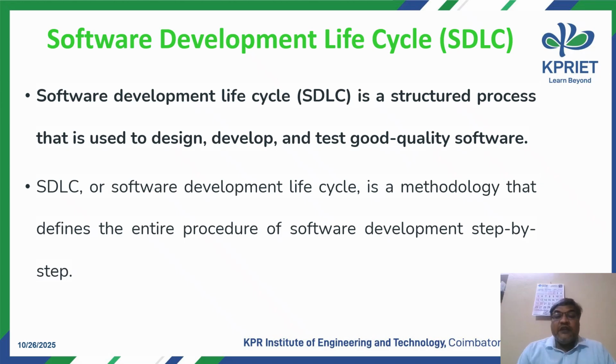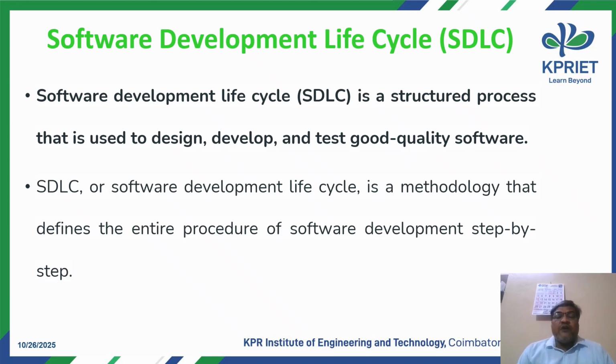Software life cycle, SDLC, we can say it is a process for designing, developing, and maintaining good quality software. It ensures the quality of this software by doing many types of testing. So SDLC is nothing but to design, develop, and test good quality software.